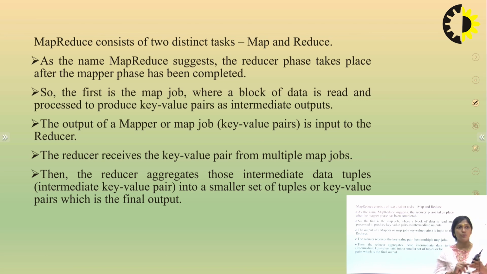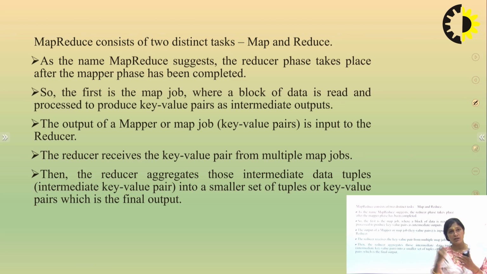As I told you, what is the block of data? We are saving the data in the form of blocks. That is the block of data. Next, the output of the mapper, or map job. What is the output of the map job? After the mapping, we get a key value pair that will work as an input to the reducer. Now, next one, the reducer receives the key value pairs from multiple map jobs.